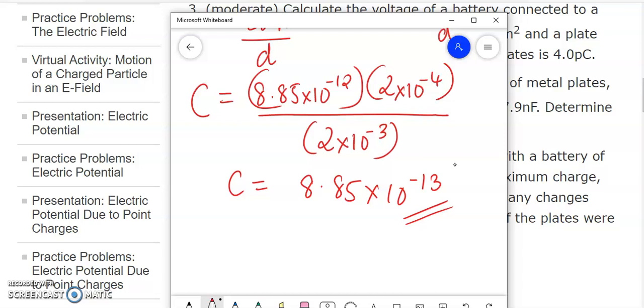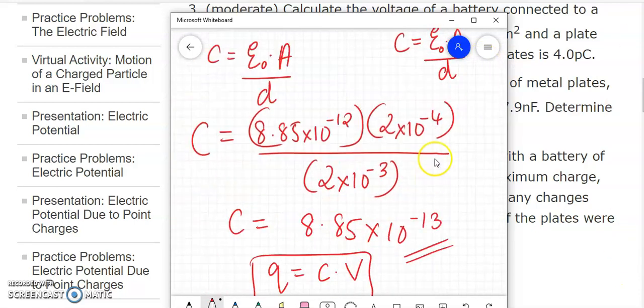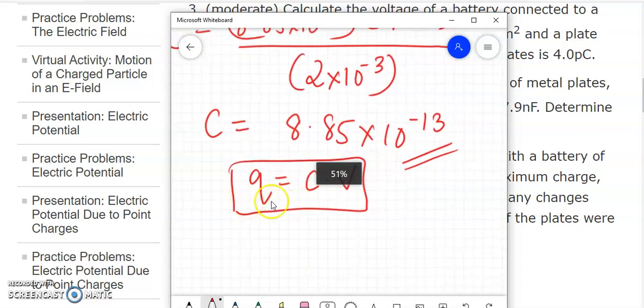So C is given, so you have C, and now you can use the formula which is Q is equal to C times V. So now your Q value is given, which is 4 picocoulombs.